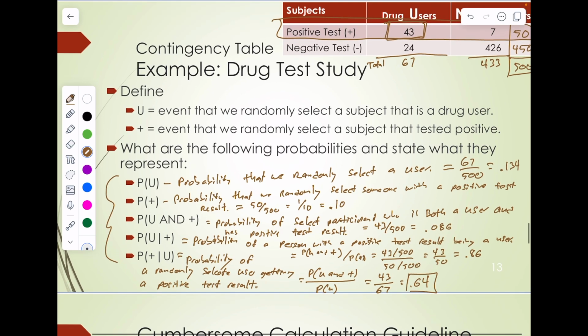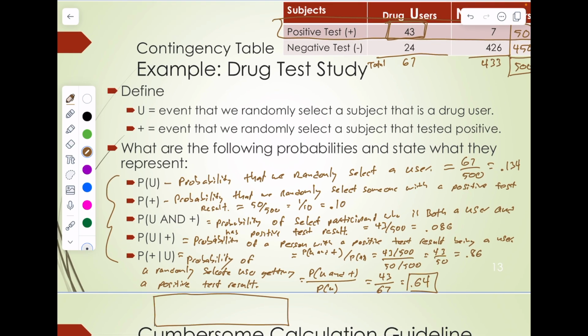Okay, before we move on, let's draw a Venn diagram. So this is going to be the total, the sample space, or the total set of participants. This one here is going to be U. This one here is going to be plus sign. There's going to be 43 people in here.